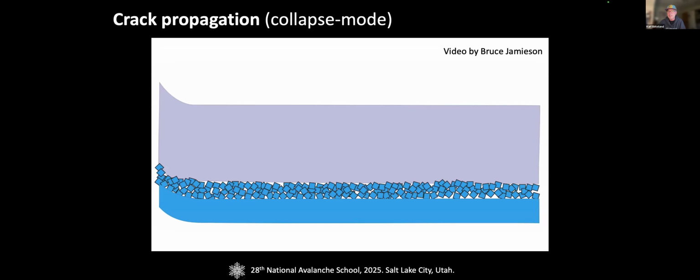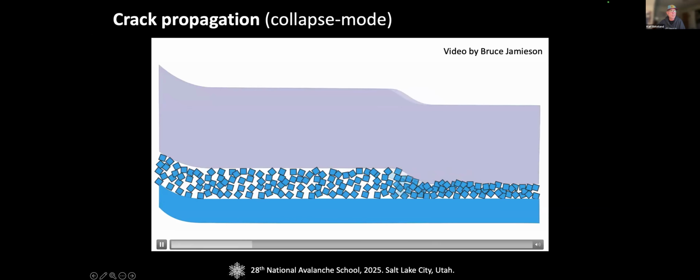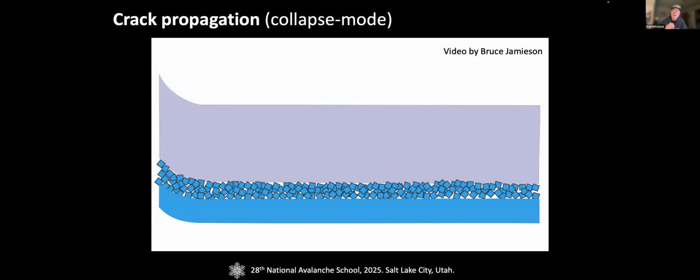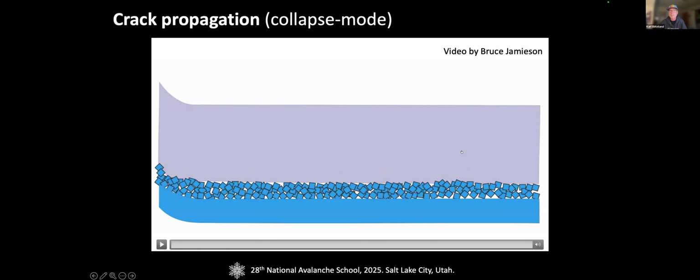You'll hear scientists call it anti-cracking, but essentially what collapse mode crack propagation is, we bend the slab, we break the weak layer over a critical length, and then the crack is driven by the collapsing and bending slab. So this is just an example. You see the slab bending. As the slab bends, the weak layer collapses behind it, and that bending slab creates this wave away from that initial trigger point. And that's collapse mode crack propagation.